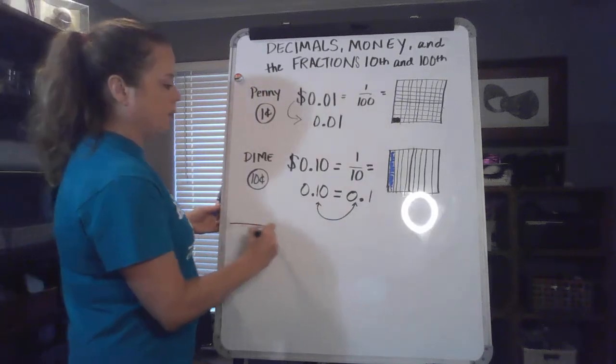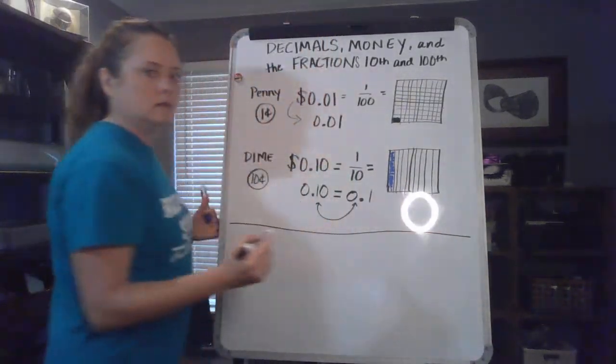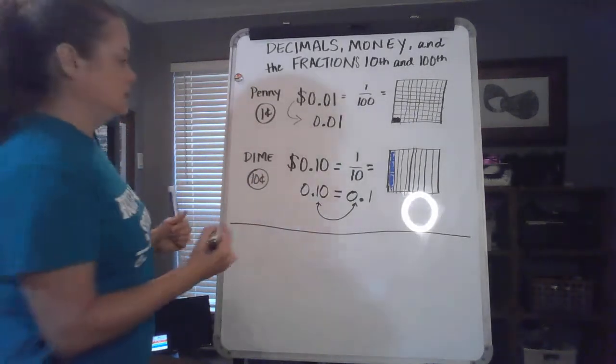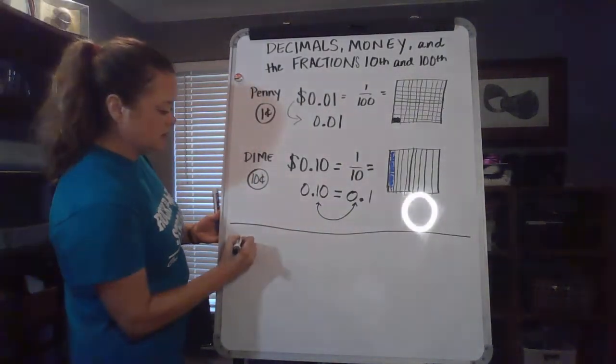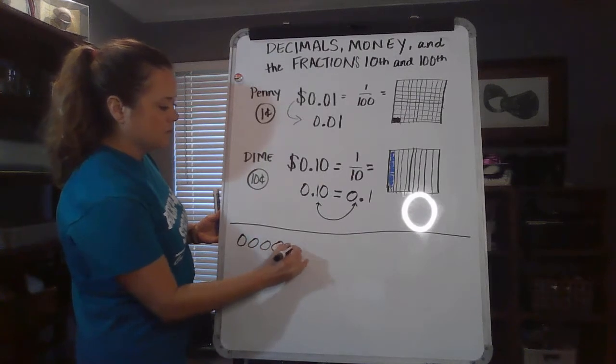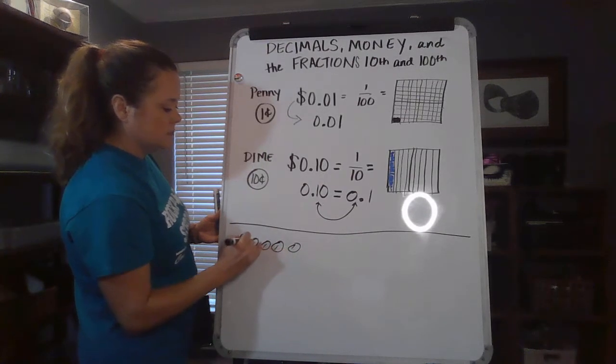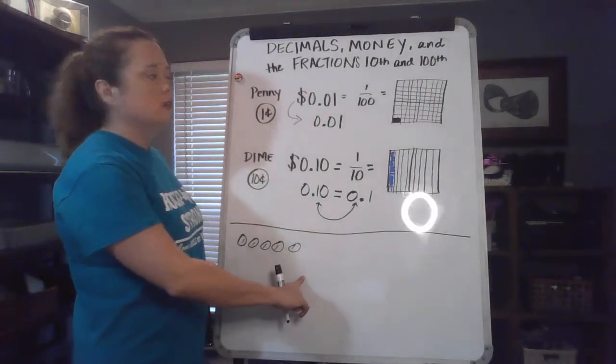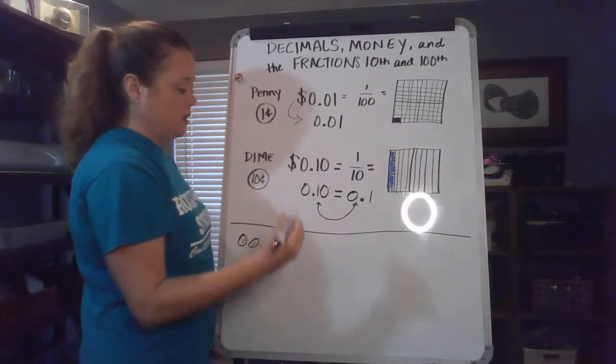Now, what happens if I have more than one? So let's say I have 5 pennies. That's 5 out of 100 that make a dollar.